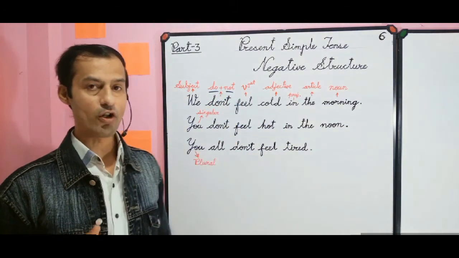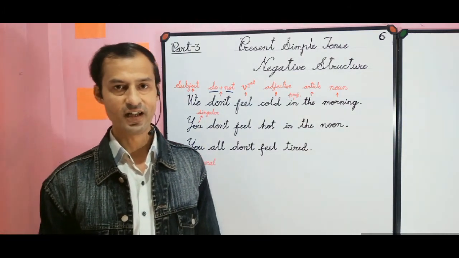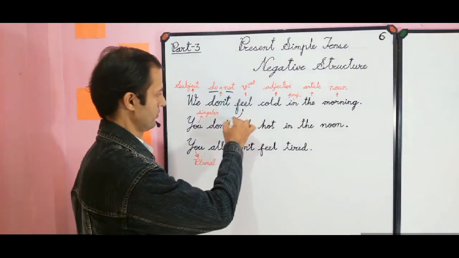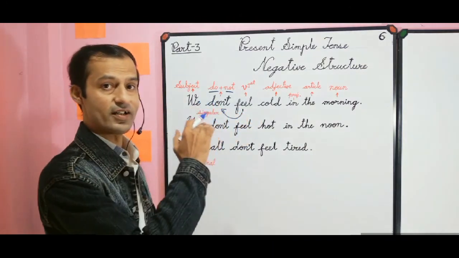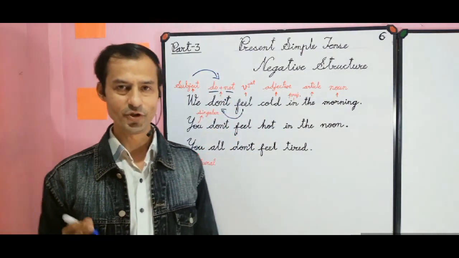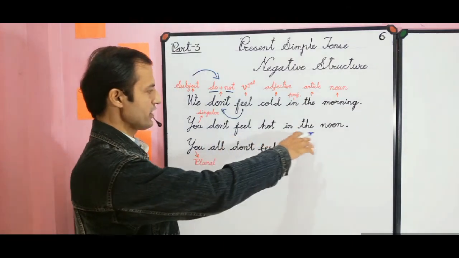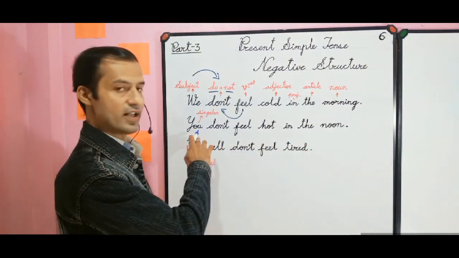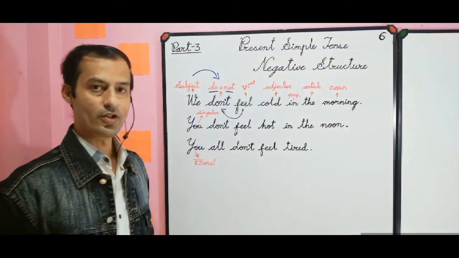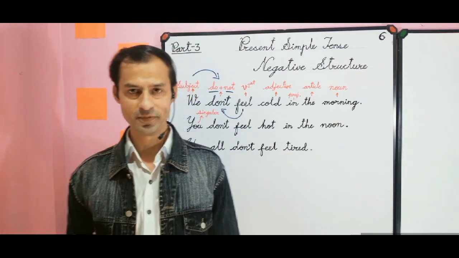And it always comes before the first form of the verb, that means the base form of the verb, and after the subject we. So it becomes don't. How is the second sentence? You don't feel hot in the noon. You is the singular subject pronoun, and you all don't feel tired. You all don't feel tired. So this is the plural subject pronoun.